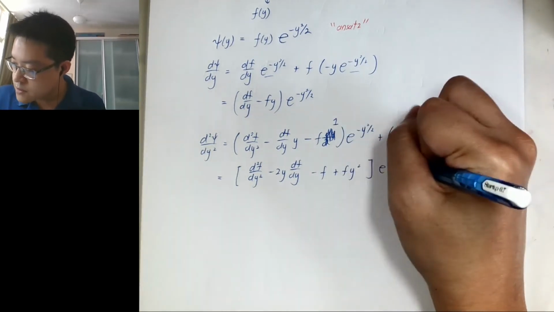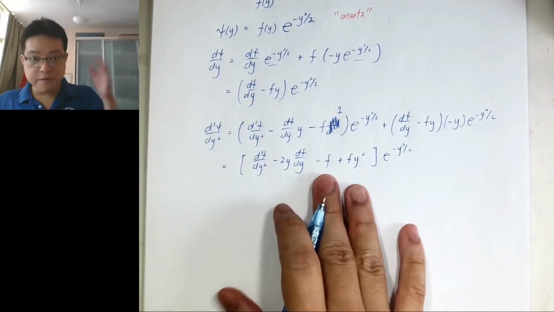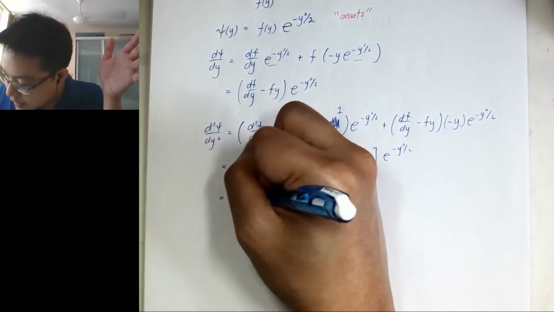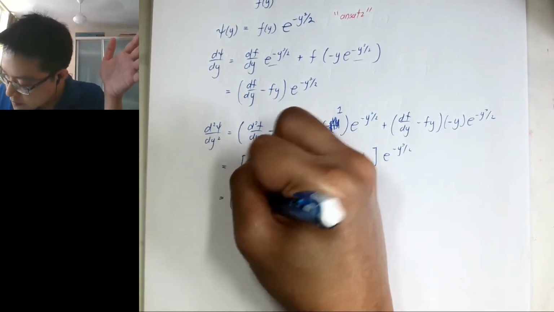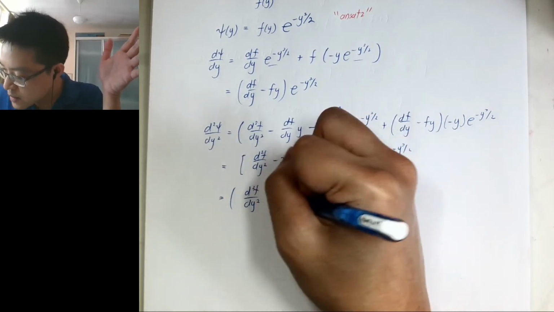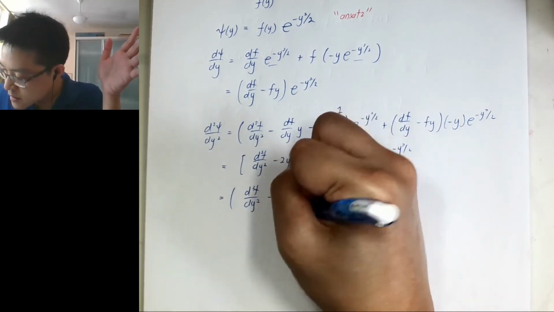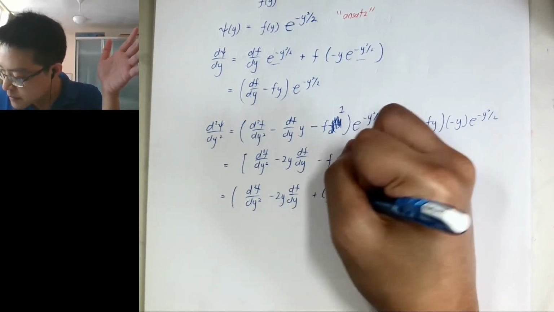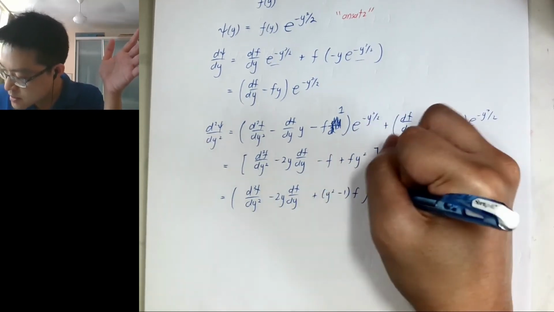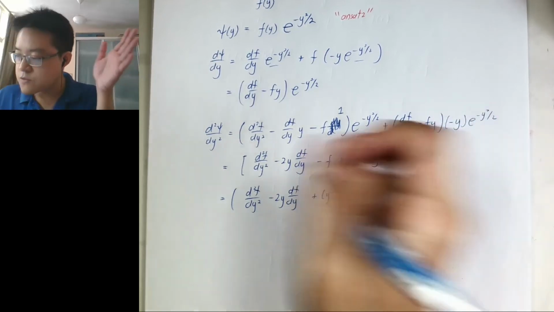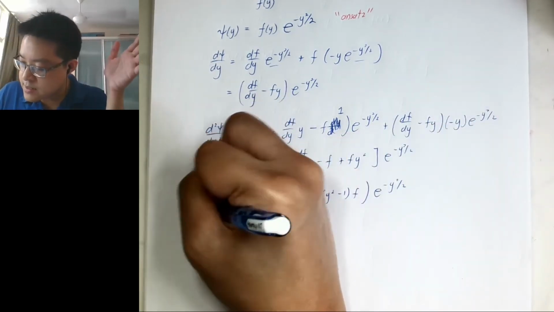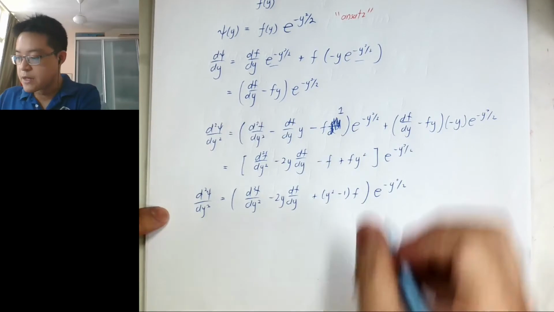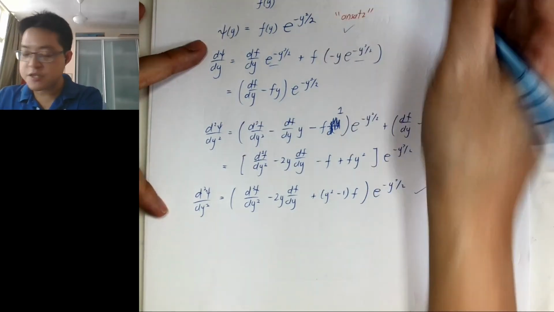Okay, so I got this, and then simplify one more step. What I have here is the second derivative, then minus 2y df/dy, and this is positive y squared minus 1, factorize the f out, times e to the y squared over 2. So this is my second derivative over here, and this is the function itself.